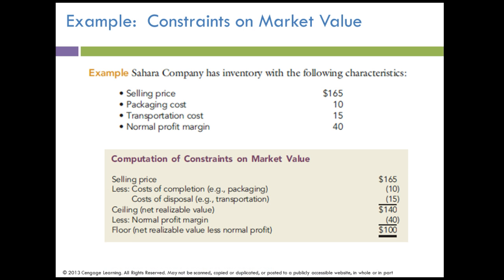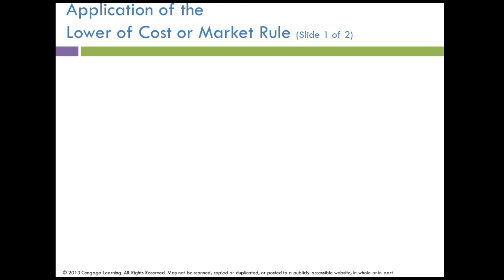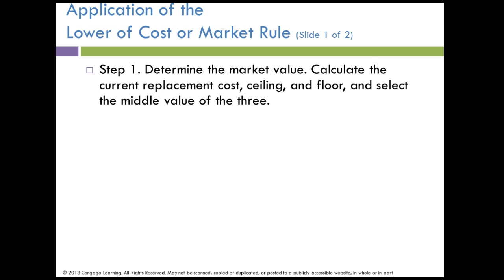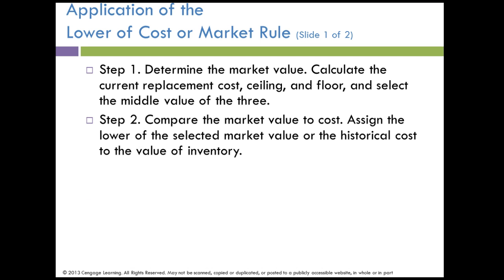As you see here, it says the floor. So this is the bottom value that would be realistic in showing as a fair value for lower of cost or market. How do we go about this? We first determine the market value. From there, we calculate the current replacement cost, and the ceiling and the floor, and we come up with a middle value.